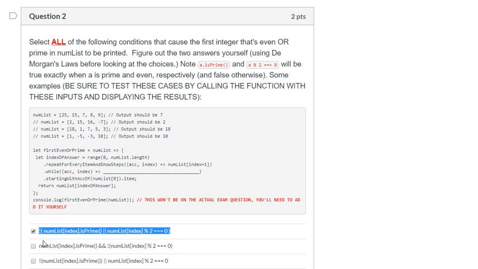Okay, and then we use De Morgan's laws to get the other answer here. So not of numList of index is prime or numList of index is even is saying it's not prime and it's not even, right? So it's neither prime nor even, so it means the number is not prime and it's not even, right? That's when we would be continuing.